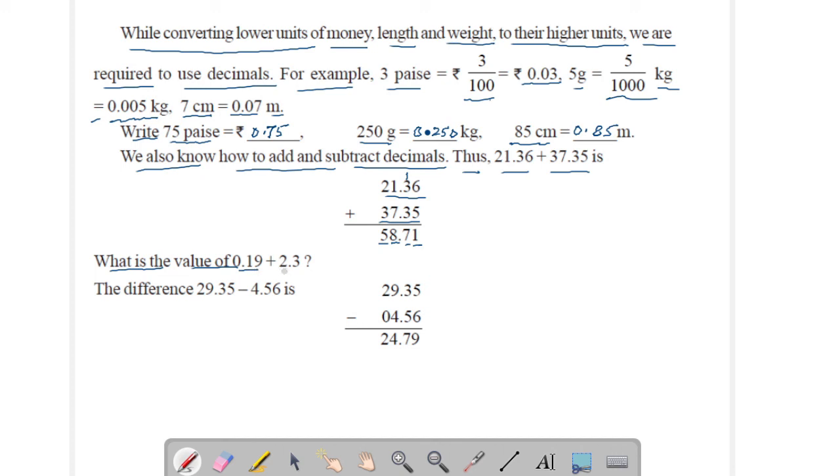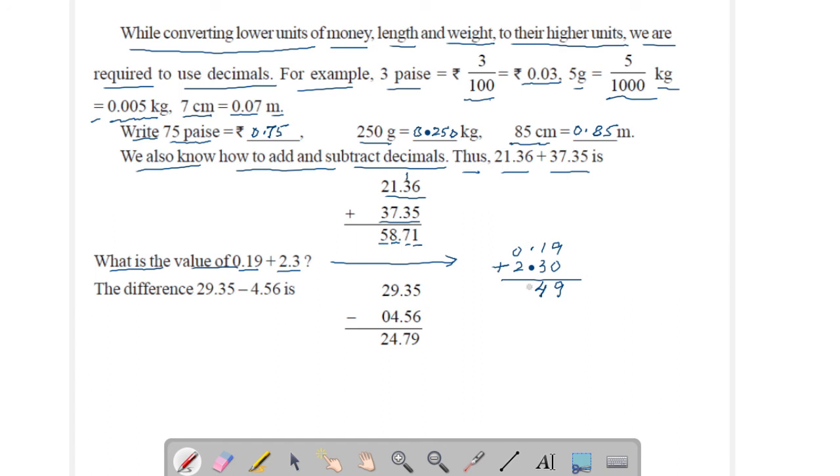What is the value of 0.19 plus 2.3? Here you have to add it. How will you add it? So this can be written as 0.19 plus 2.30, and then add it. 9 plus 0, it is 9. 1 plus 3, it is 4.